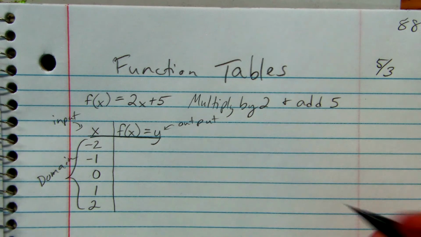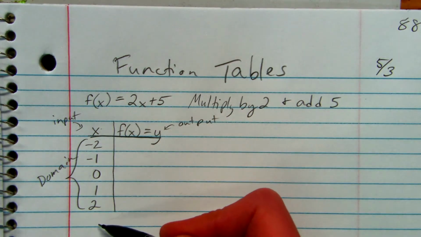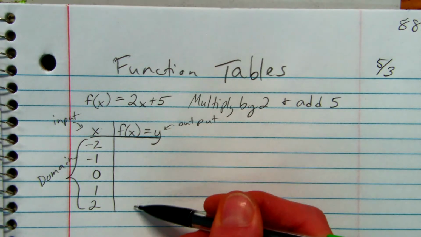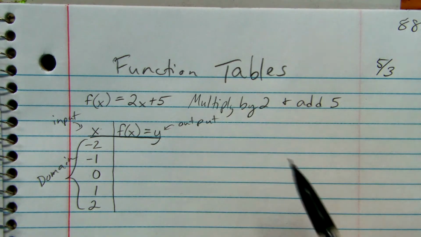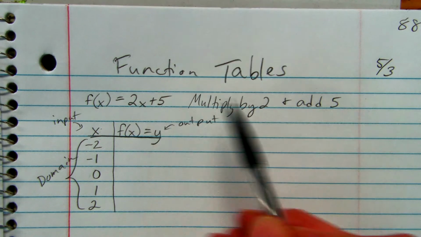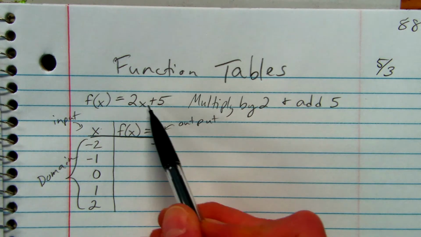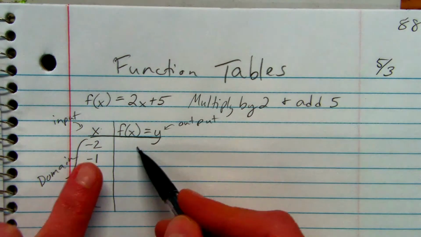And normally when you are asked to do these, they're going to give you these numbers a lot of times, and then you're going to fill out this side, at least with 8th grade. So my rule is 2x plus 5, but that just means you're going to take your x number, multiply it by 2, and add 5. That's how we're going to get the output.